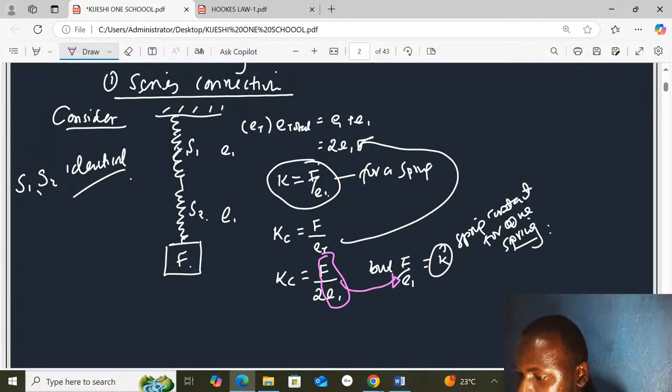Therefore, if we substitute this F over E1 with K, we'll say that our combined spring constant is same as K over 2. In short, combined spring constant in series is the same as the spring constant of one spring divided by the number of springs, where n is number of springs. And that is the conclusion.